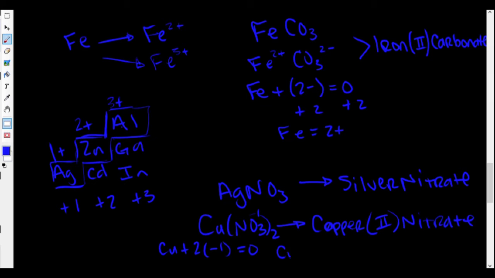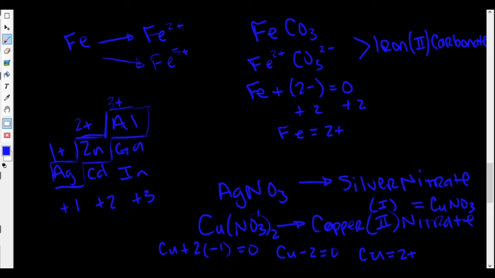So Cu minus 2 equals 0. Cu equals 2+. Whereas if we're talking about copper 1 nitrate, so just replacing the 2 with 1, that would be CuNO3. Right? So just be careful when you're talking about the transition metals. Those can have multiple charges, so you need to denote in parentheses in Roman numerals what those charges are.